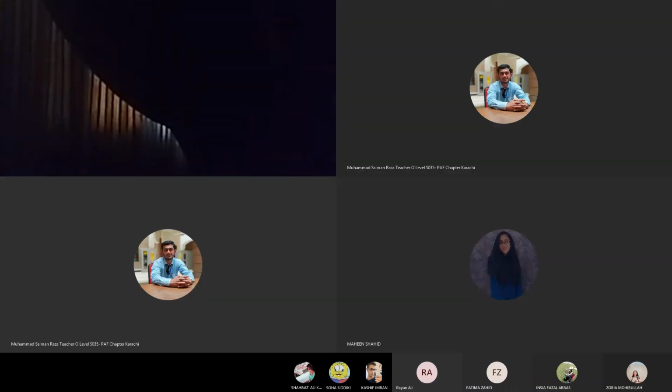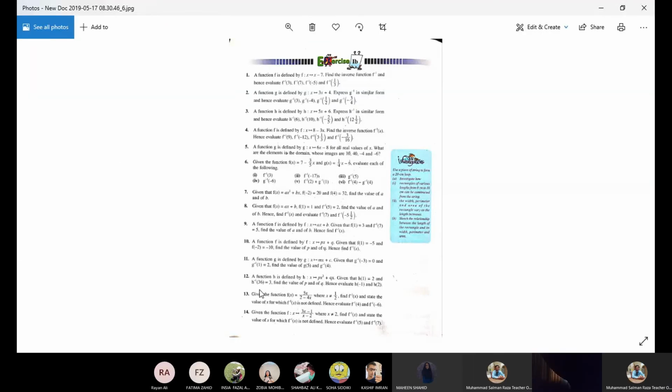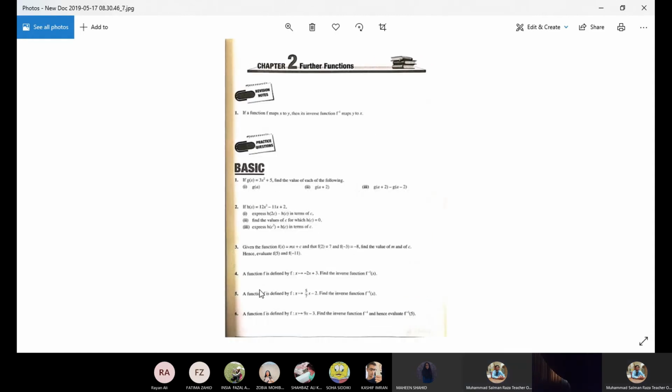Let us move to the exercise part and see what is happening there. Now this is the exercise. So we'll start. There are 14 questions in this exercise, and this is part of the 7th edition.